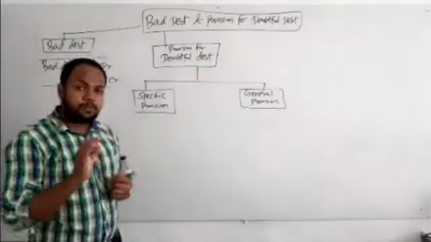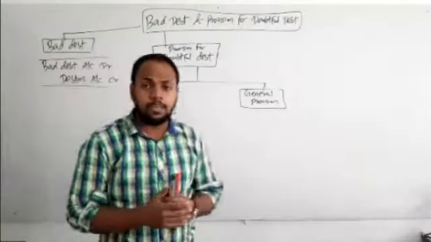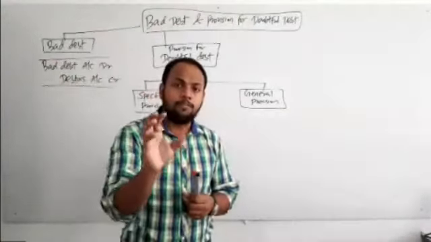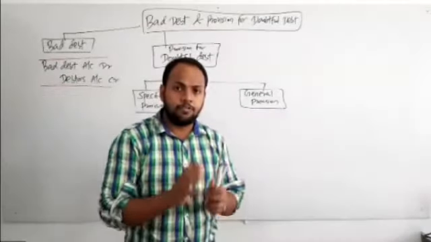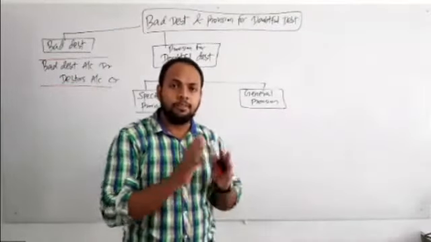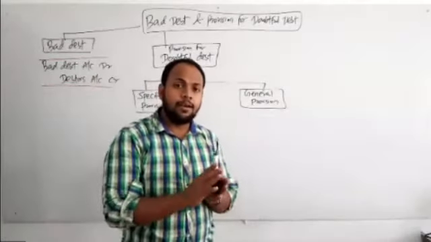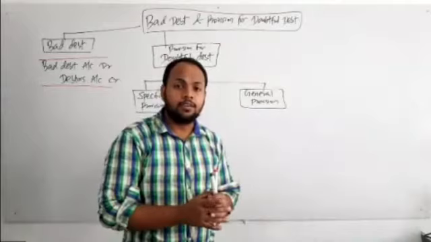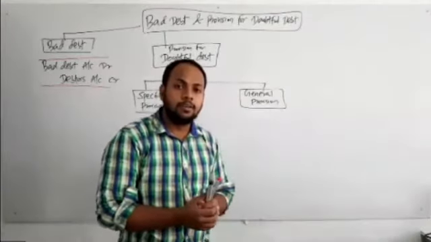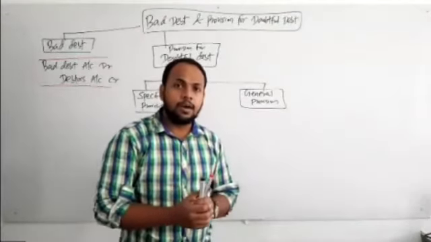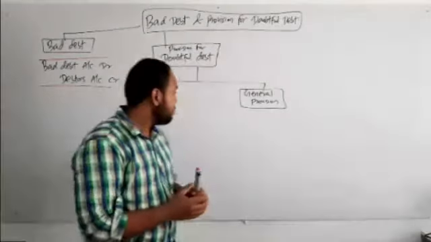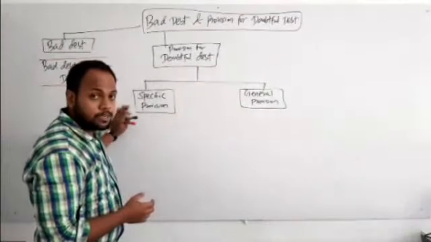Specific provision means we make a provision for doubtful debt for a specific person. So for an individual person, let's say Mr. Pereira. He is not a bad debt, but we make a provision. We are not sure about receiving the money from the customer, Mr. Pereira. So it is specific provision.